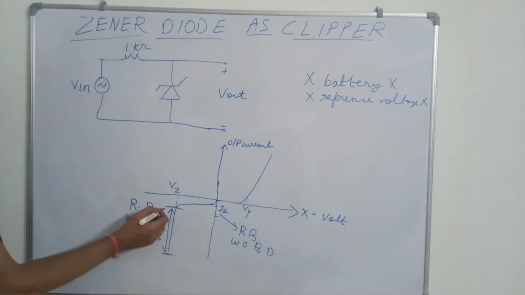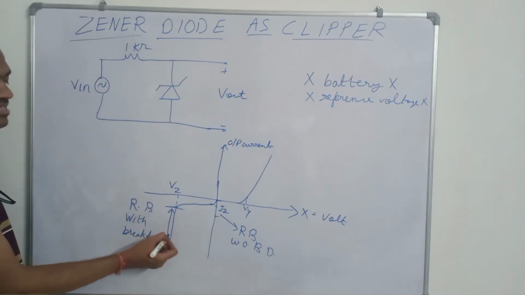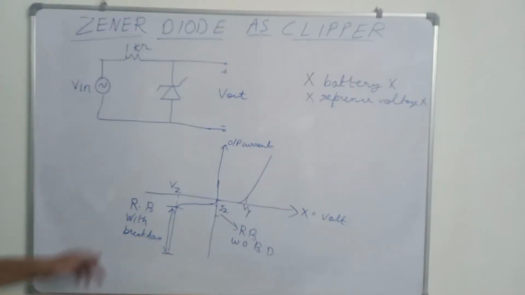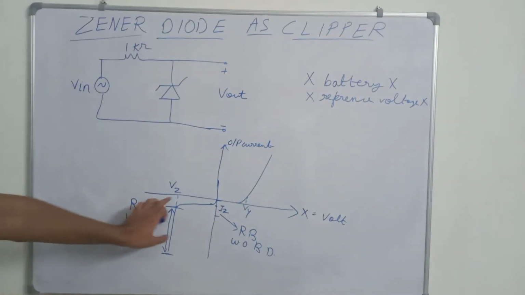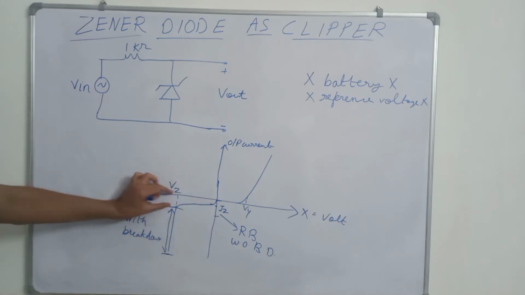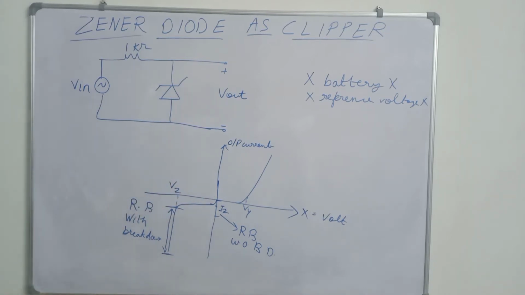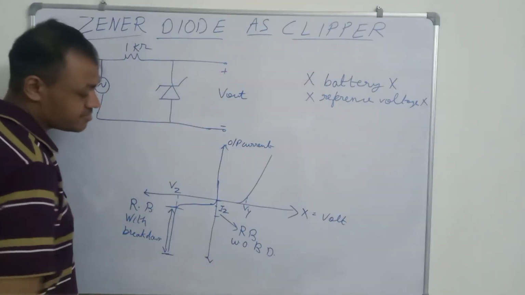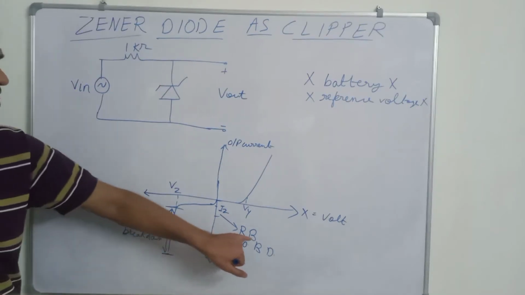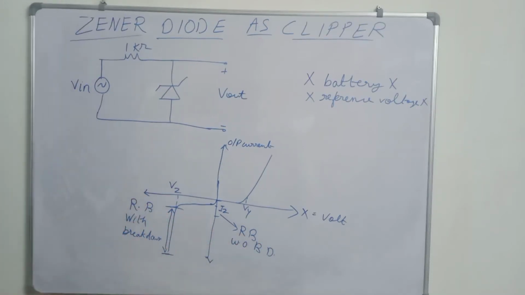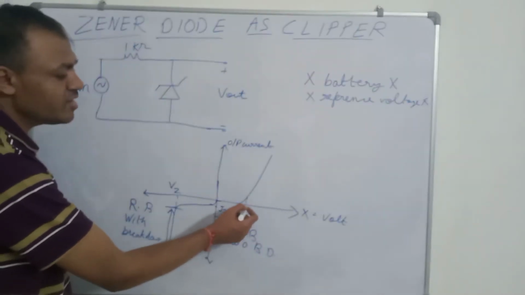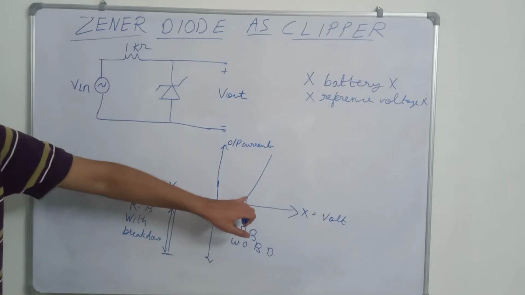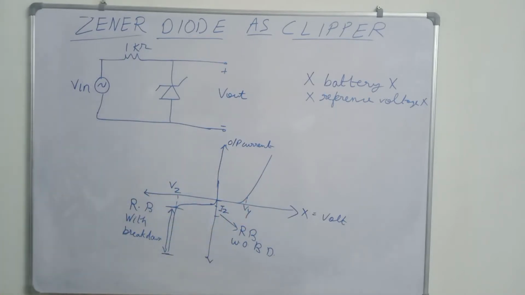In reverse bias with breakdown, the Zener current increases suddenly to a very high value, so we can say that the Zener diode has breakdown. In reverse bias there are two regions: without breakdown and with breakdown. In forward bias, after the cut-in voltage the output current increases, and up to the cut-in voltage the current is almost zero. So basically these are the characteristics of Zener diode.